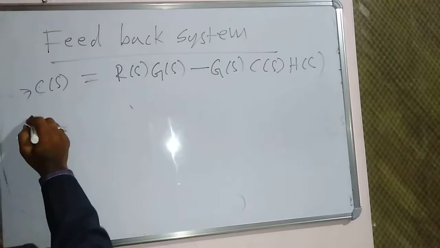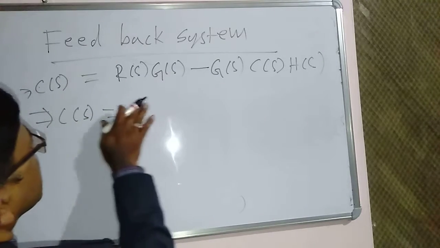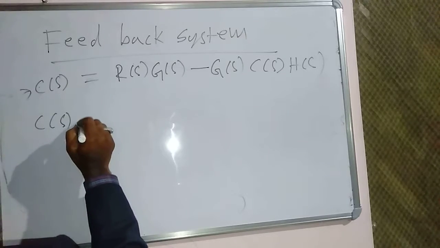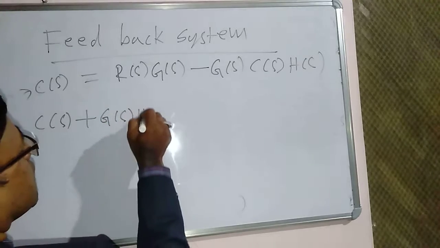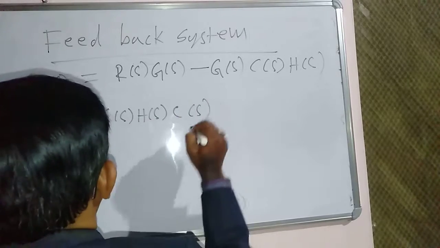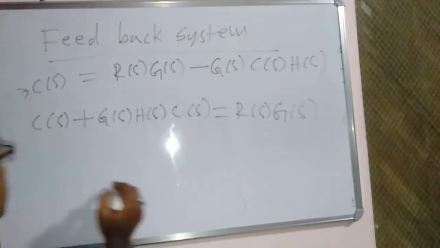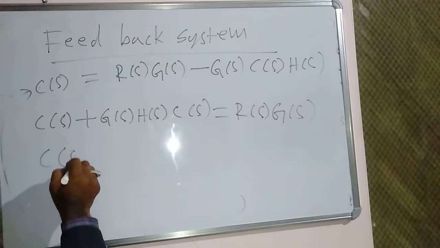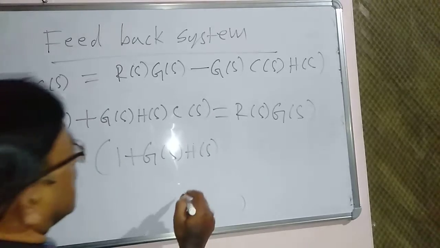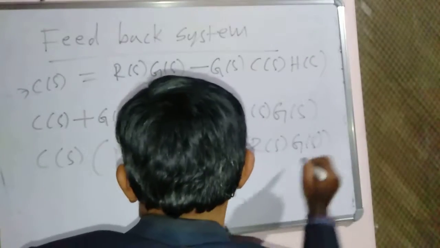So this implies C(S) plus G(S) H(S) C(S) is equal to R(S) G(S). Taking C(S) common, 1 plus G(S) H(S) times C(S) is equal to R(S) into G(S).